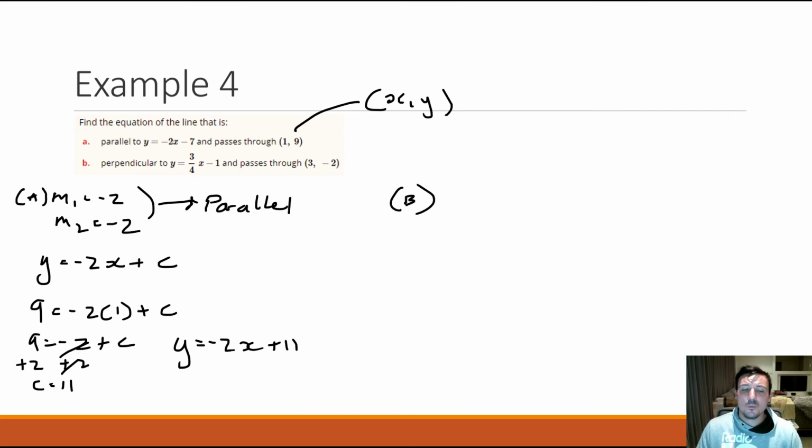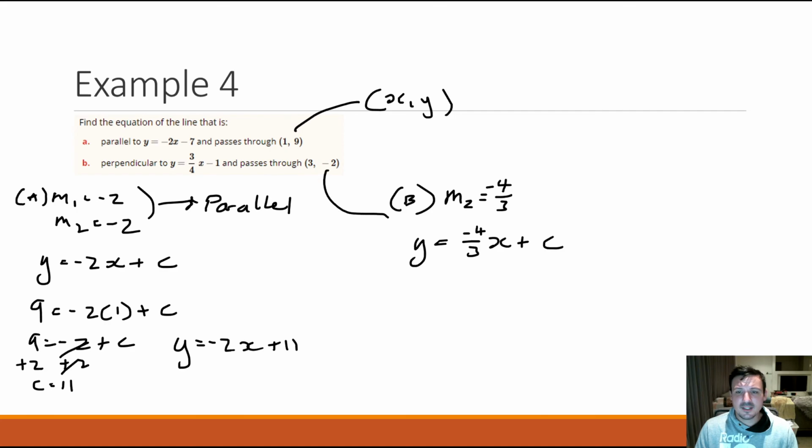For the second problem, we have perpendicular to y equals 3 over 4 x minus 1. It is the negative reciprocal, so m2 will be flipped, and then because it's positive, it'll become negative. So therefore, the gradient will be negative 4 over 3. This second part is the same, so we're going to put this into our equation here.